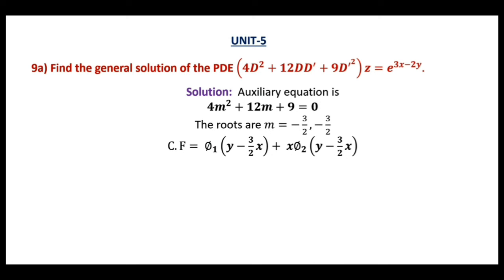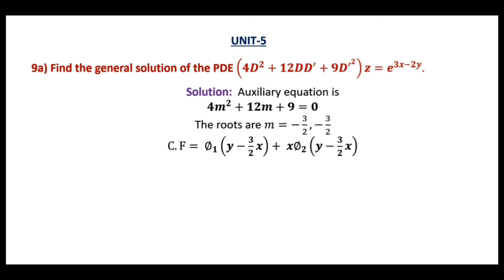Once you remember that, it is always in the form of φ(y + mx). So m is repeated, you can write the first one as 1 into φ1(y + mx) plus x φ2(y + mx). In case it is repeated thrice, you can write plus x² φ3(y + mx).